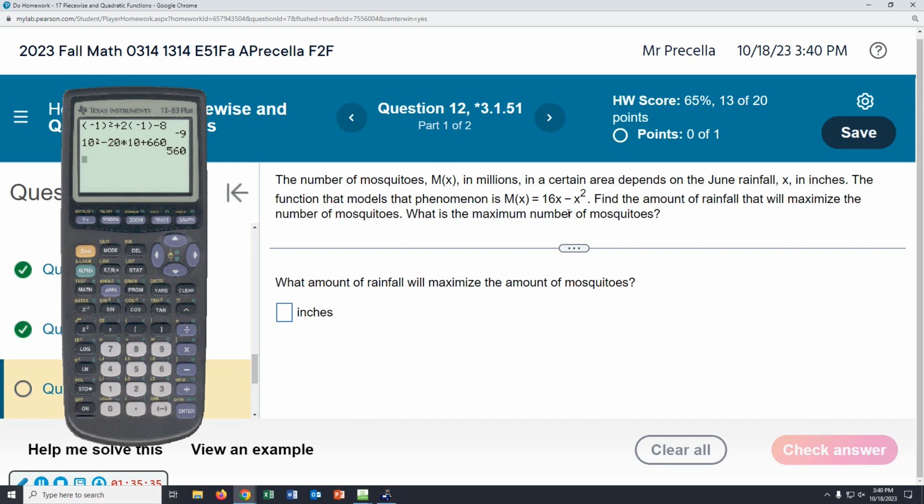The number of mosquitoes, M of x in millions, in a certain area depends on the June rainfall, x in inches. The function that models that phenomenon is M of x is equal to 16x minus x squared. Find the amount of rainfall that will maximize the number of mosquitoes, and what is that maximum number of mosquitoes?